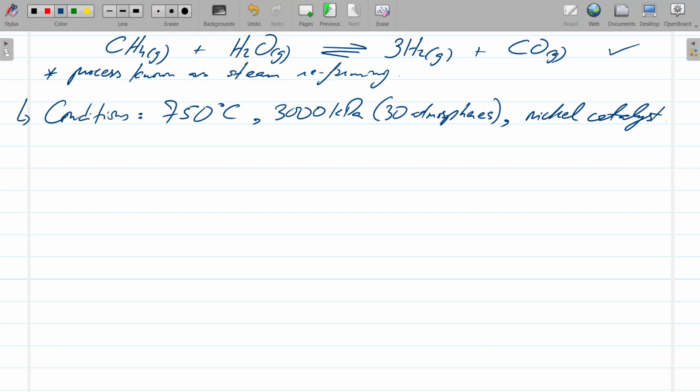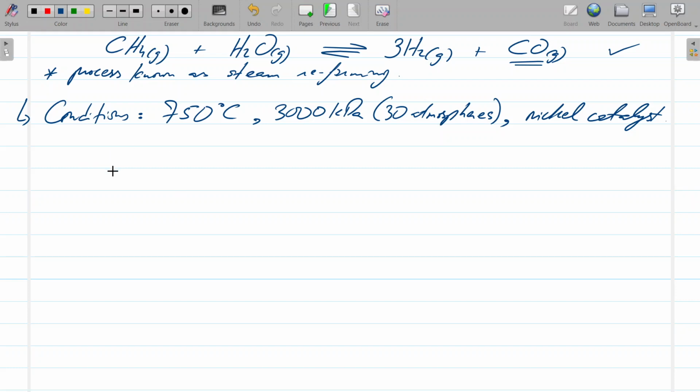Now, carbon monoxide is produced and carbon monoxide is toxic. We don't want this. So what happens is that the carbon monoxide is further reacted, or in this case, let's say it's reduced, by the unreacted steam to produce more hydrogen gas.